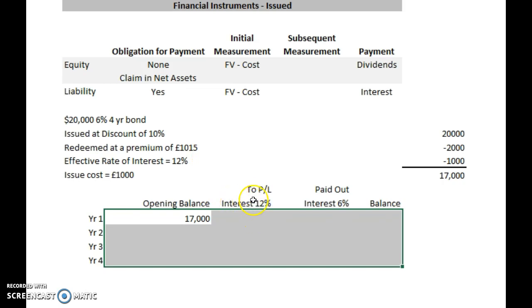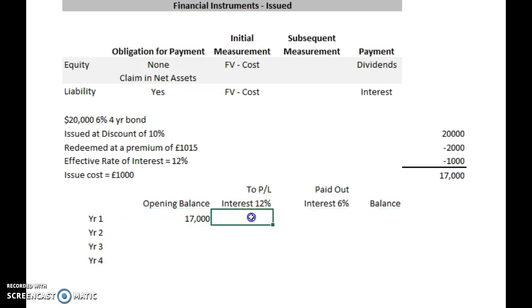And that's the amount we put to the profit and loss. That's the finance charge overall to the company. So that is going to be plus 12% times the opening balance, 2,040. And that's the amount, as I said, goes to the profit and loss.